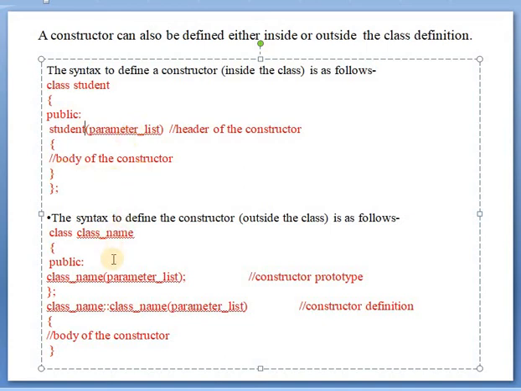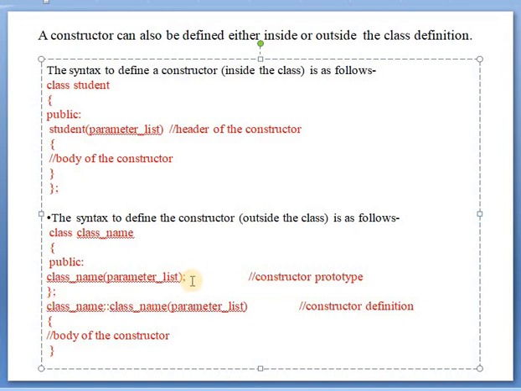Now see the second syntax, which is the syntax to define the constructor outside the class. Just like a member function, we can define the member function inside the class and also outside of the class. So same like that, the constructor is also defined outside the class. So see the syntax: class name, public, here the name of the constructor which is the same as the class name, parameter list, and here is the completion of the class.